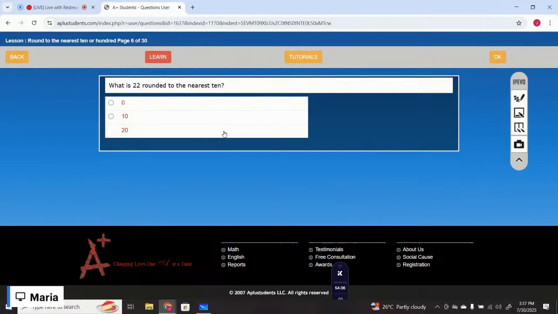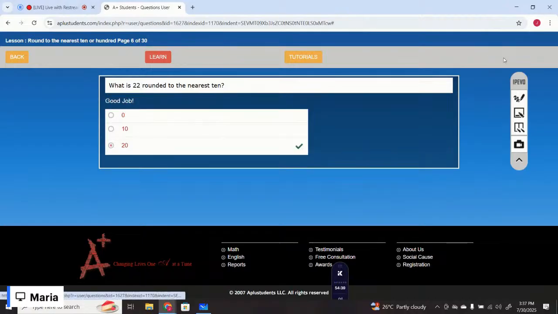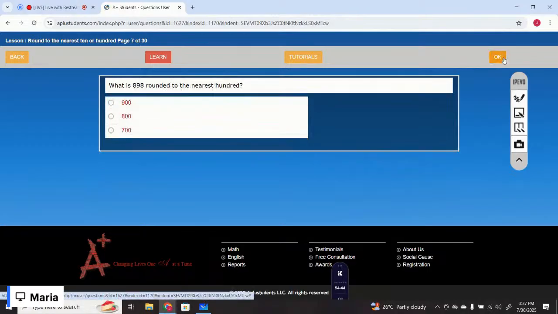Option number 3 is the correct option. 898 is rounded to 900.